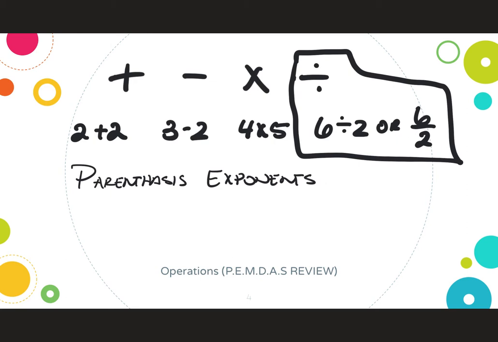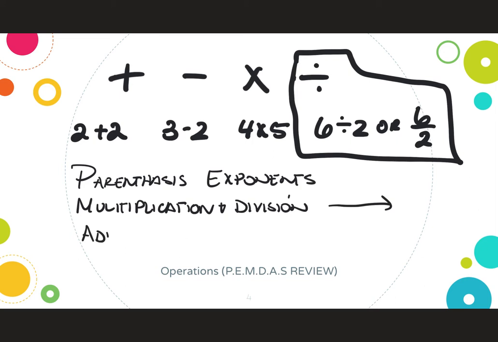Then you get into multiplication and division. They're a team. You do them from left to right, and addition and subtraction. Now, again, those go from left to right.